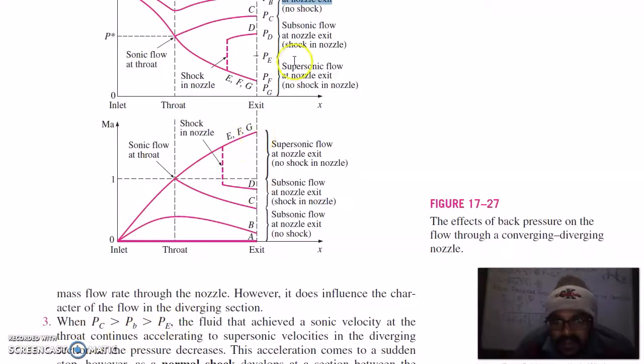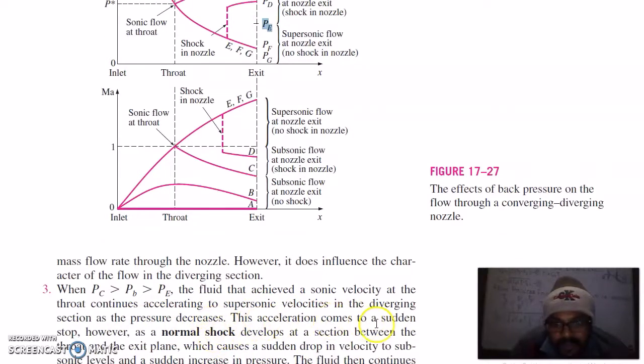Now consider a case when your back pressure lies between PC and PE, which means we are talking about this area. The fluid that achieved sonic velocity at the throat continues accelerating to supersonic velocity in the diverging section as pressure decreases.